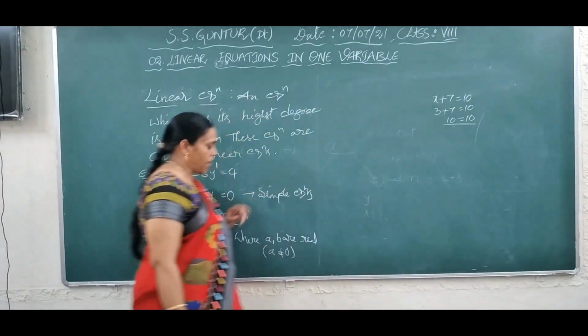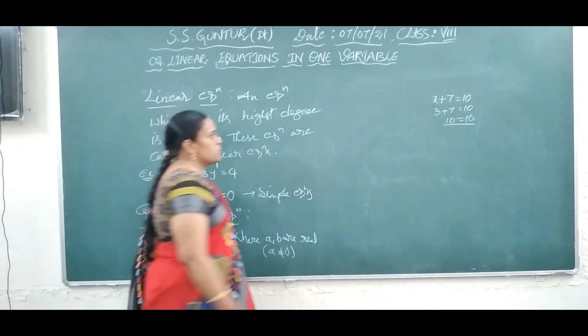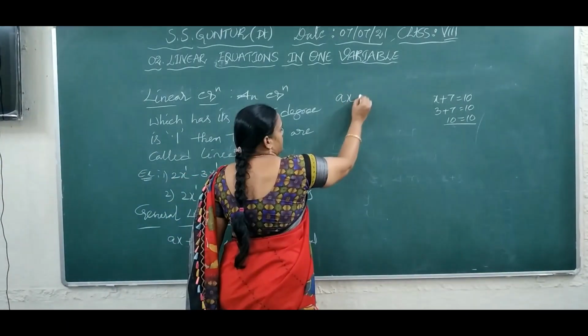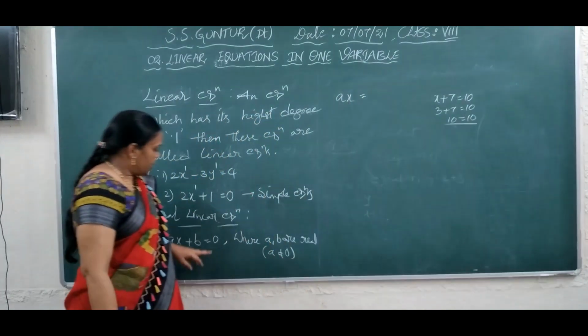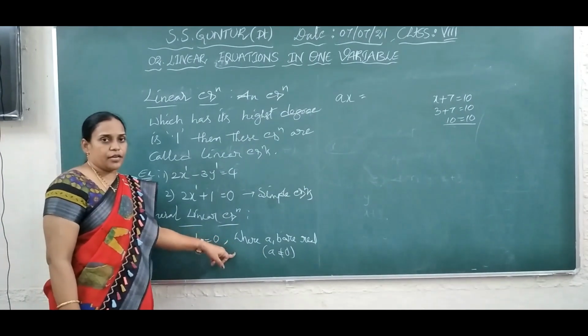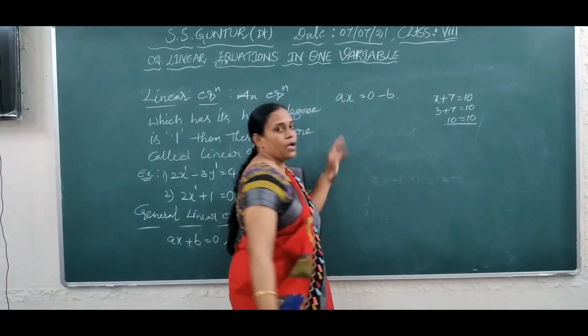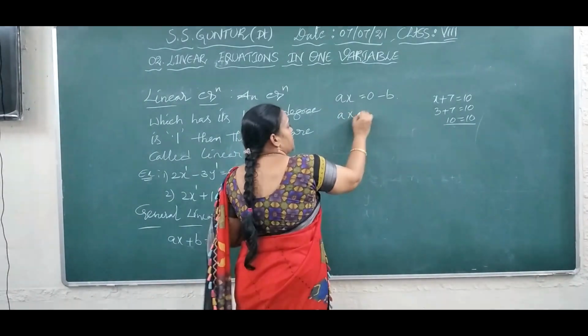Now, you have to find the solution of this general form. ax plus b is equal to 0. Now, take the x term. ax is equal to, here 0 is there, 0 plus b transposed to that side, you get minus b. 0 minus b, how much? Minus b.